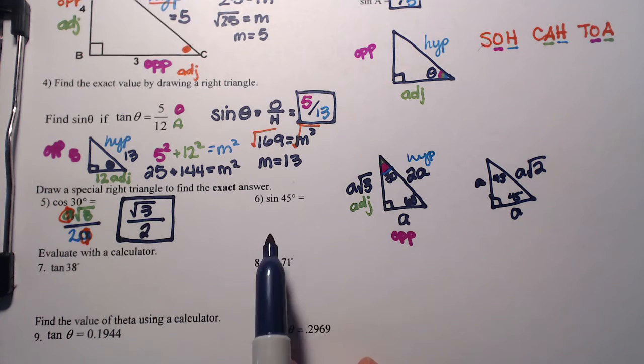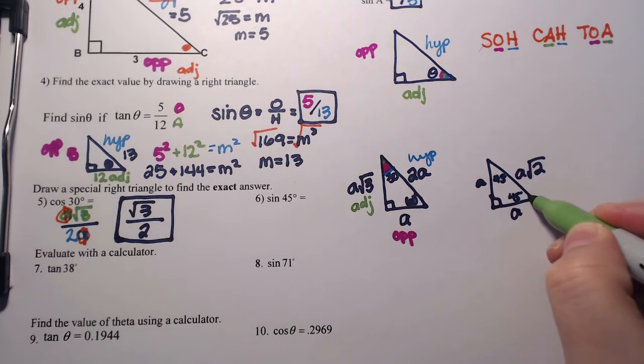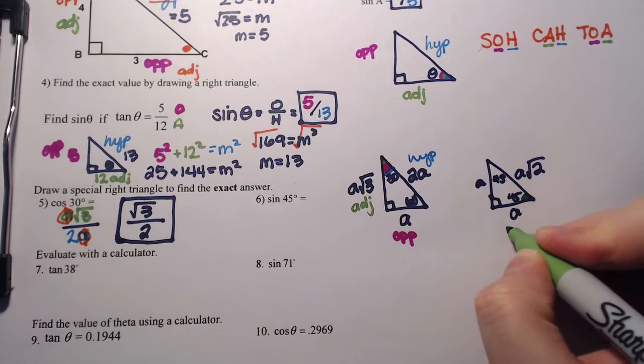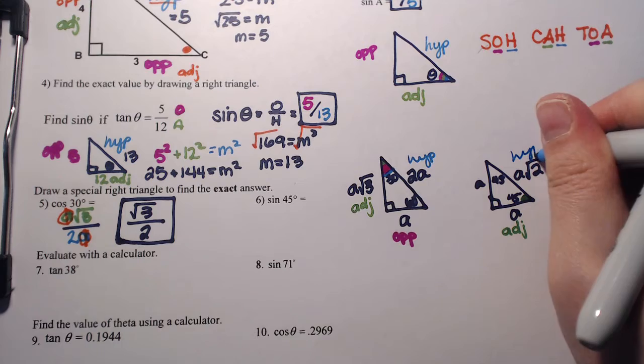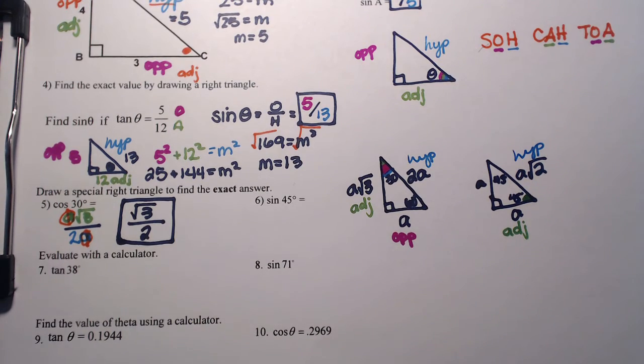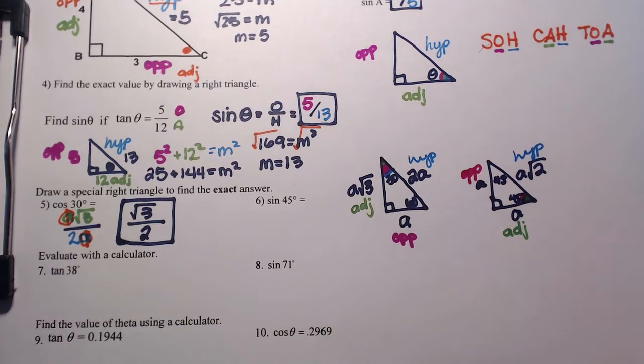Okay, now if I'm looking at sine of 45 degrees, I'm going to look at a 45-degree angle. Now, it doesn't matter which one I look at. You could look at the one down here, up here, because the 45-degree angle is going to give you the same answer. So in relation to that angle right there, that's the adjacent side, that's the hypotenuse, and this is the opposite side.